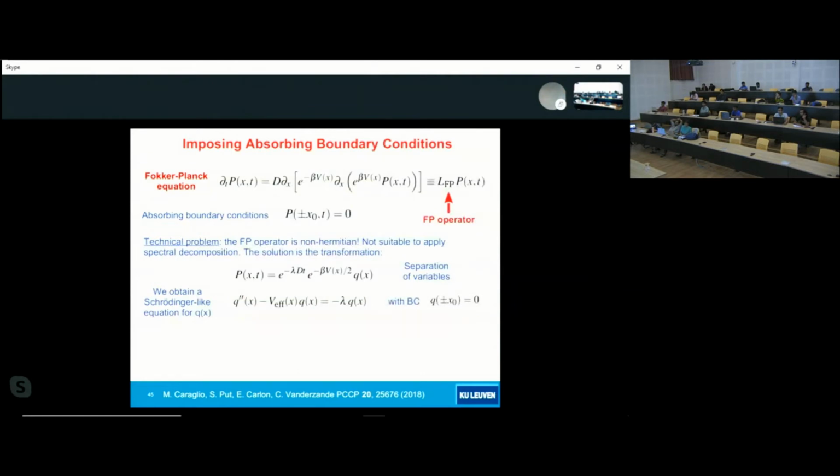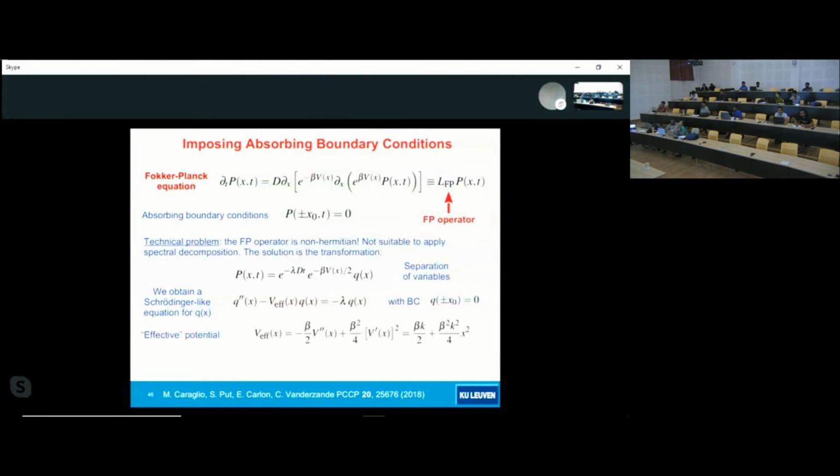This is exactly what the transformation does. This Schrodinger equation is now Hermitian. Actually, we got rid of the first derivatives, which are the terms that give non-Hermiticity, okay? We get an effective Schrodinger equation, and now the boundary conditions are on Q. The Schrodinger operator is Hermitian now. Therefore, we can work with orthogonal wave functions, the equivalent of wave functions, okay?